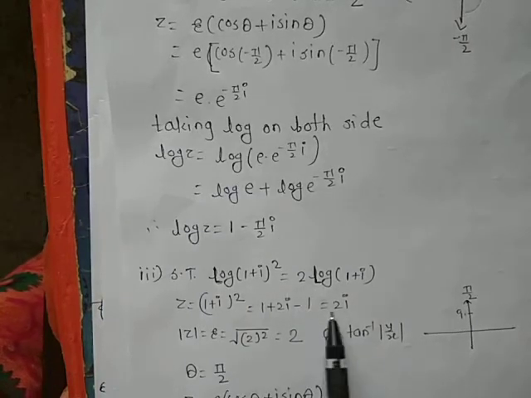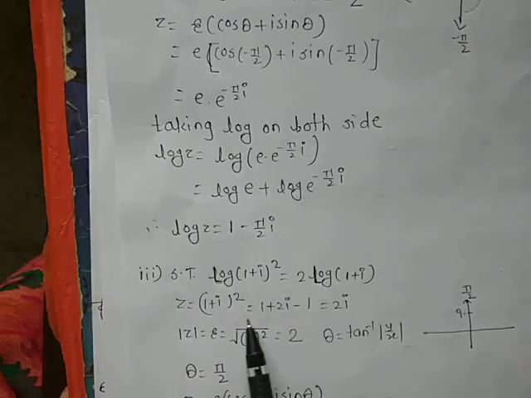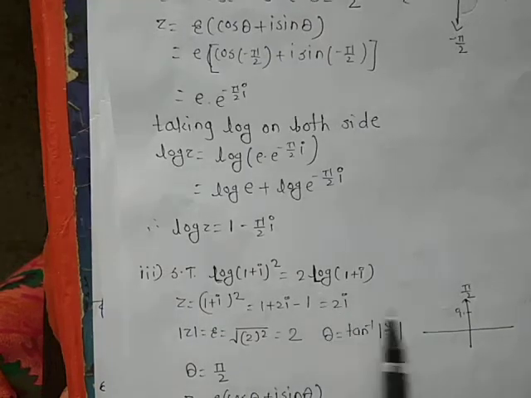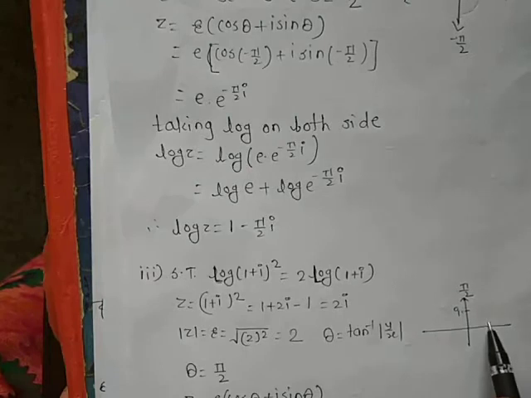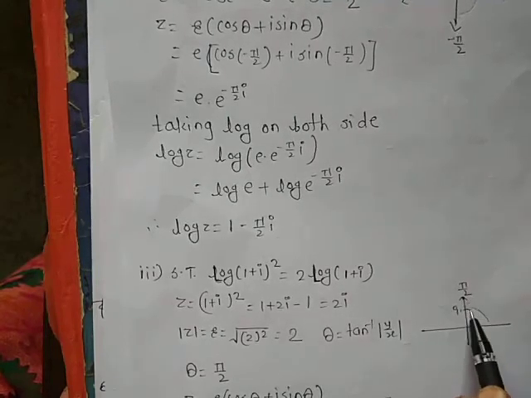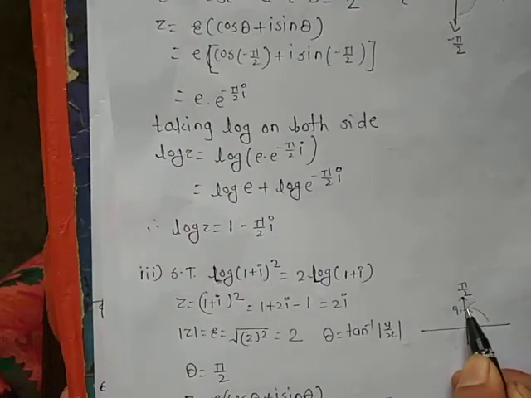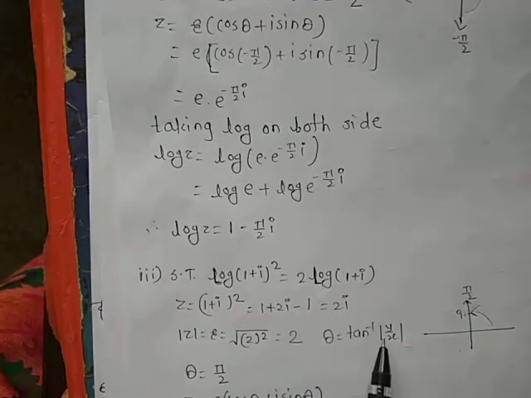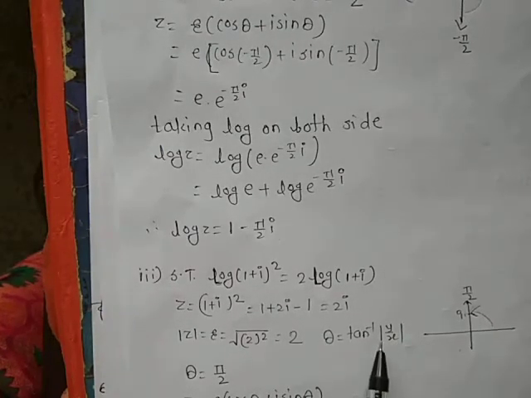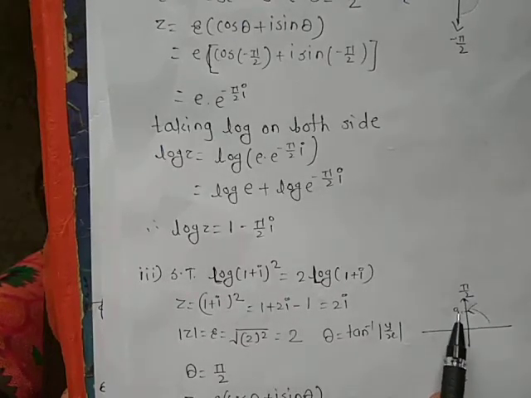But it is very simple. Your complex number lies on the y-axis. So directly the principal value of argument of z is pi by 2.